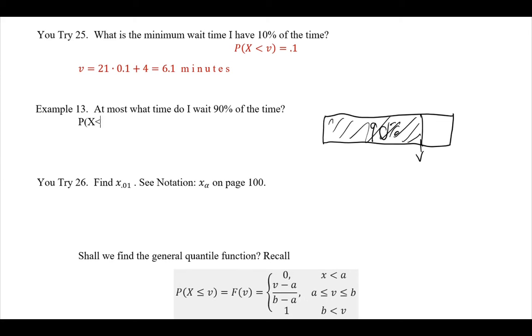X is less than v, which should equal 0.9. Now we can find this by using the area of this rectangle, which is going to equal 0.9.